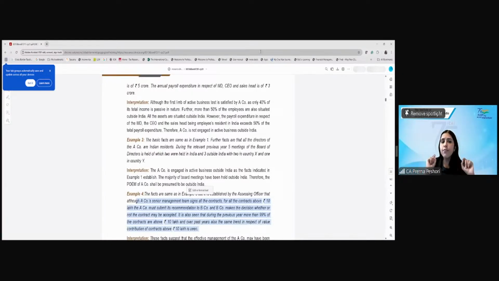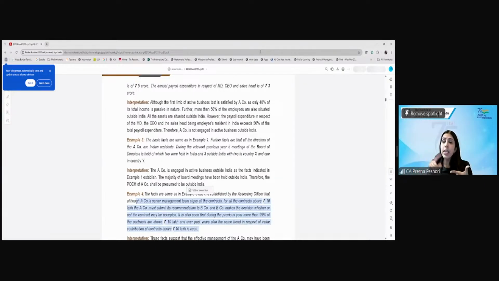So here if you look at the facts, it says that A company's senior management is signing all the contracts, but it has to take approval for the majority of the contracts, which are usually above 10 lakhs. So in 99% of the contracts, it has to take approval from the BCO before entering into any contract.